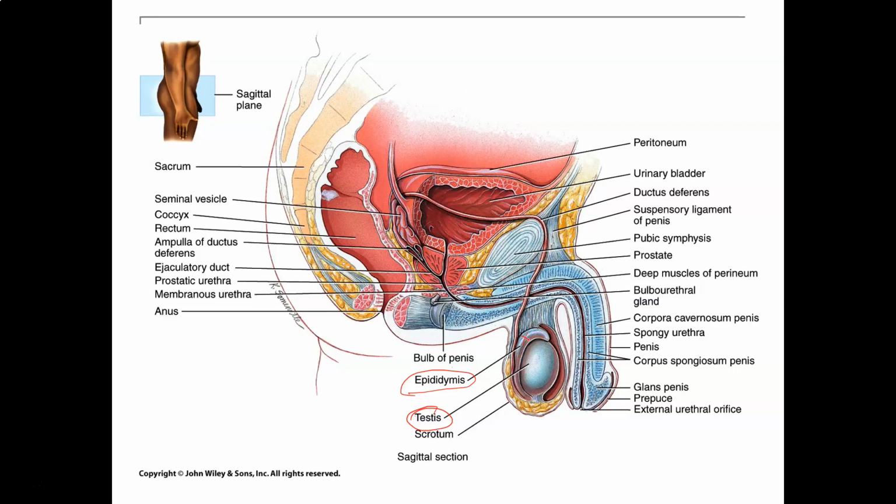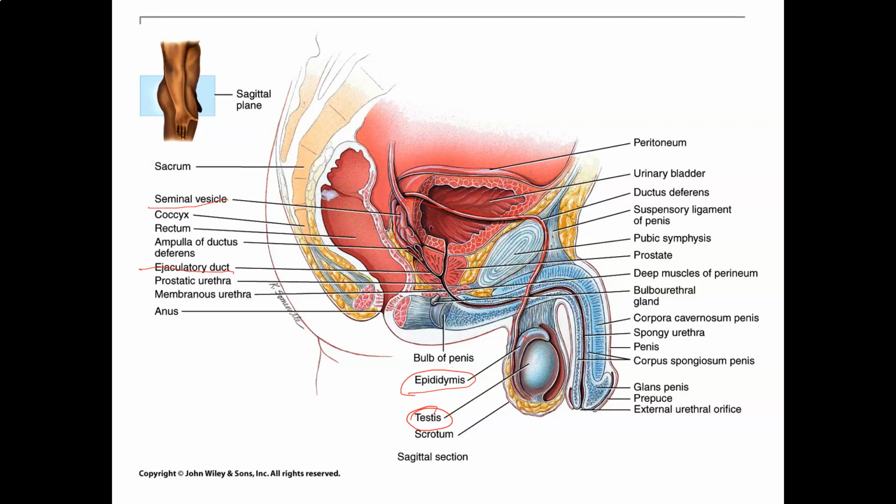And that's where they stay until ejaculation, where rhythmic contractions of the ducts move some of the sperm, and we're talking about in the millions, into the long vas deferens or ductus deferens that loops up around the bladder, swings around, and merges with the duct from the seminal vesicle to form the ejaculatory duct, which comes through the prostate gland.